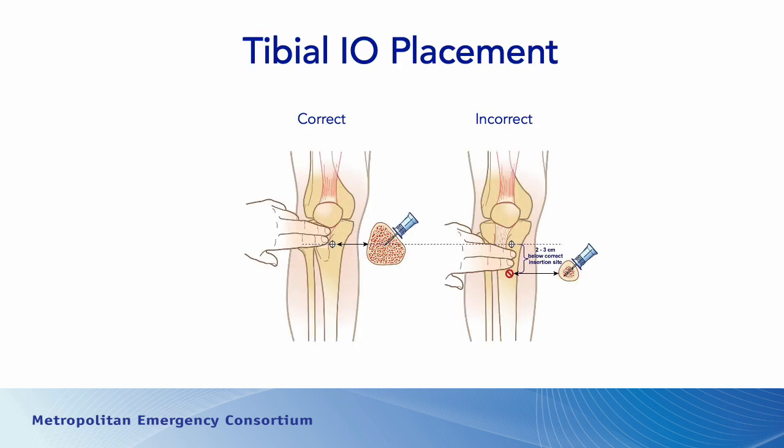So find that sweet spot, and that's where you put the needle: 2 fingers for big people, 1 finger for infants below the patella. You don't want to find the sweet spot and go 2 fingers below that. Otherwise, you'll end up too far down the bone, and the tibia is not as thick in that area, and you're more likely to not place the needle correctly.